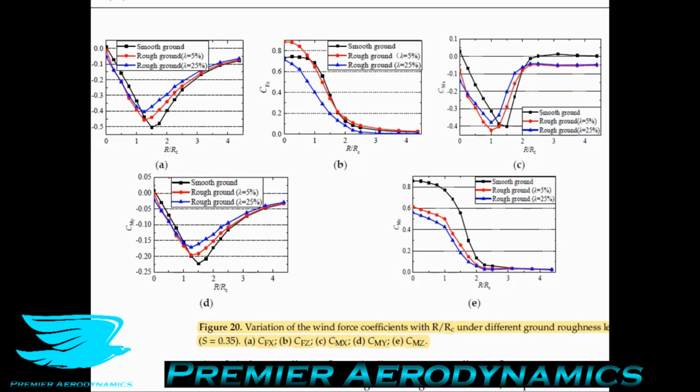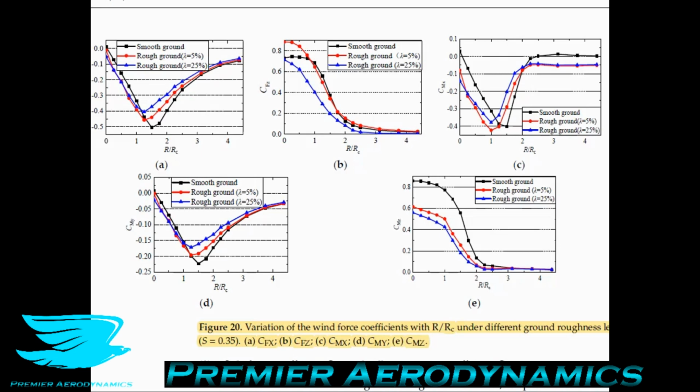So when the train was between 1.5 radii and 2 radii from the vortex center, the pitching moment coefficient decreased with increasing roughness. In general, the higher the ground roughness, the closer the position of the peak pitching moment coefficient to the center of the vortex core.